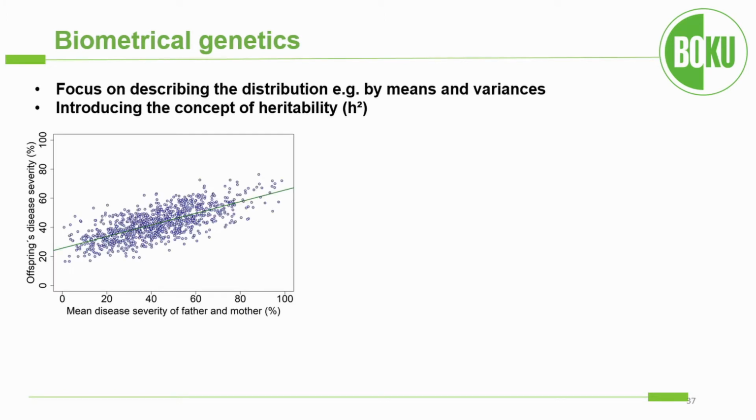Let's say we look at the mid-parent value of the father and mother, and then we look at the progeny and plot them against each other. Using regression-based methods, one could then show that the slope of this regression curve you see here is called the heritability.